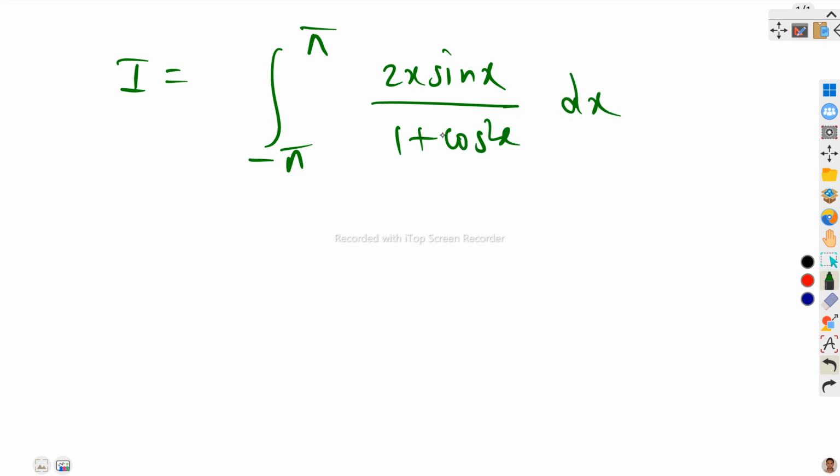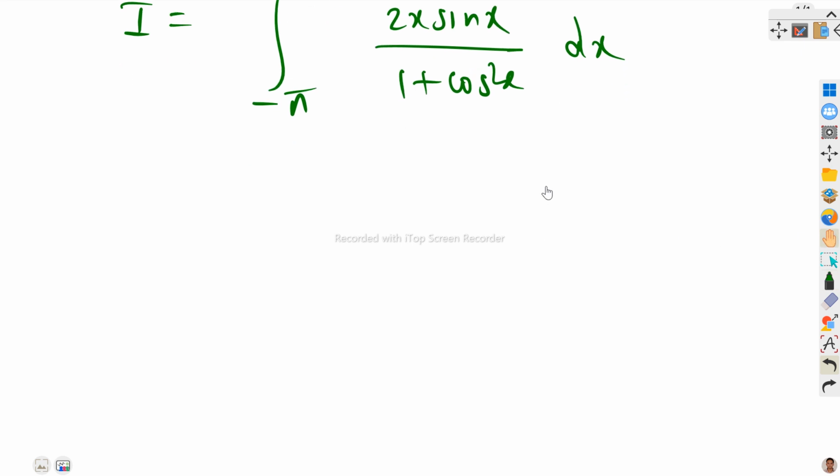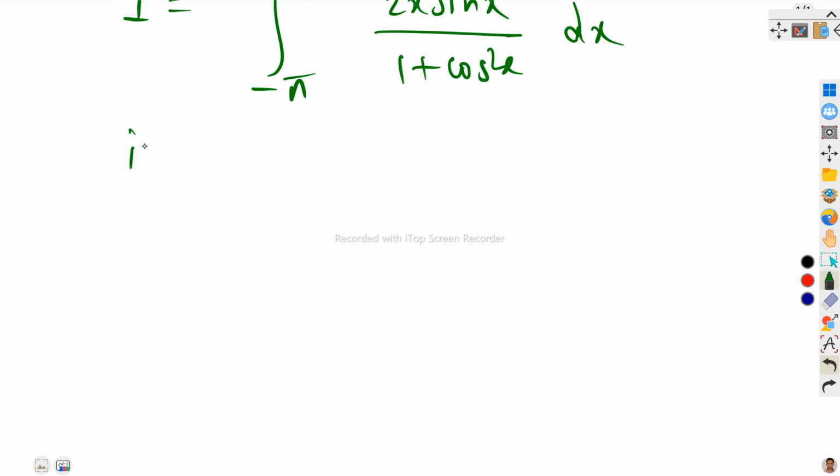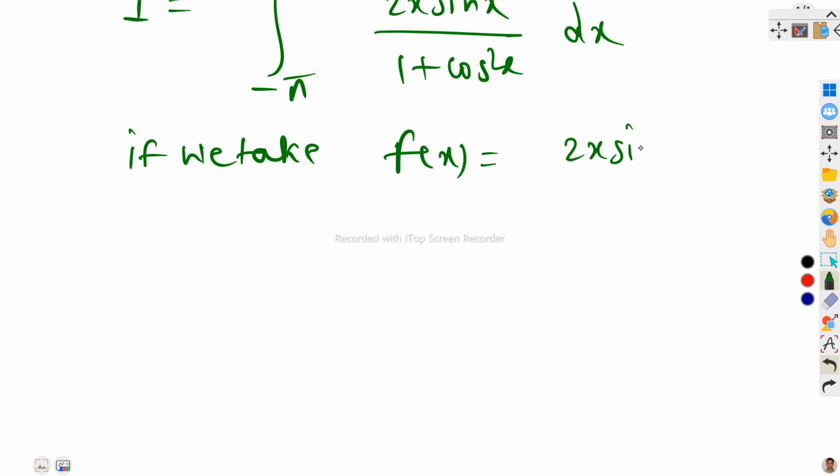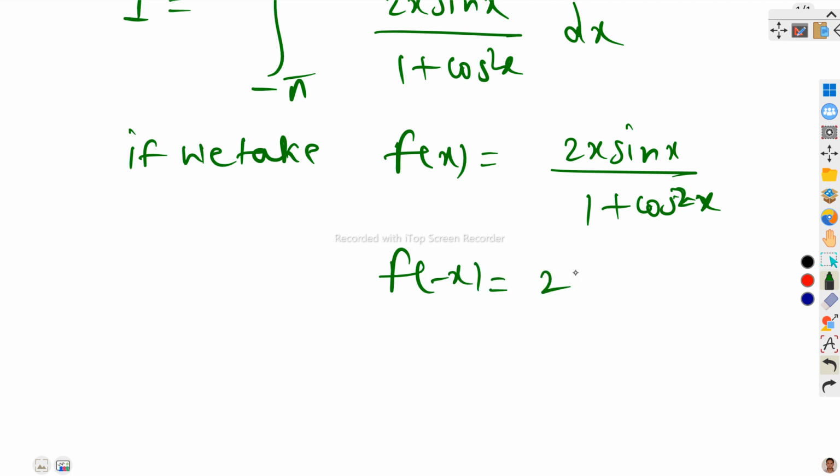Again, we can check here that this function is an even function. If we take f(x) equals 2x sin x upon 1 plus cos²x, then f(minus x) equals 2 times minus x, times sine of minus x, upon 1 plus cos² of minus x.